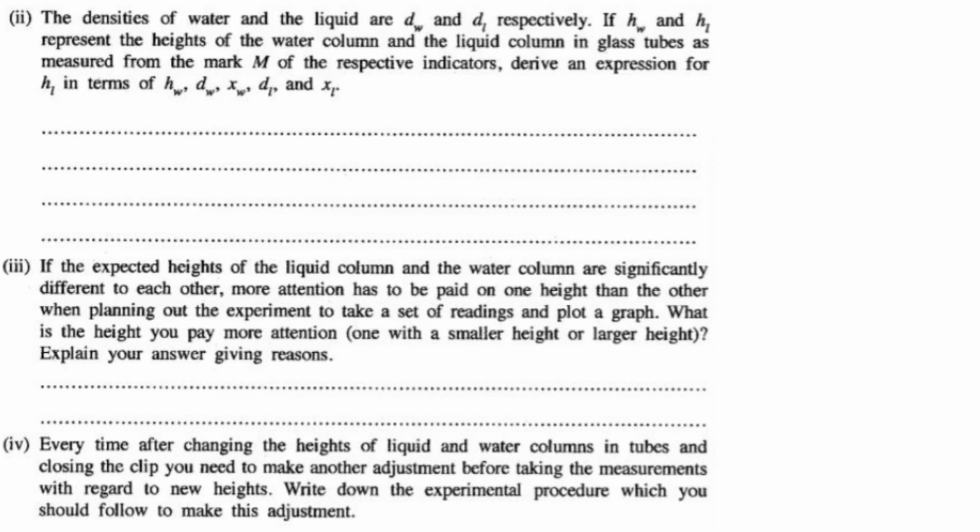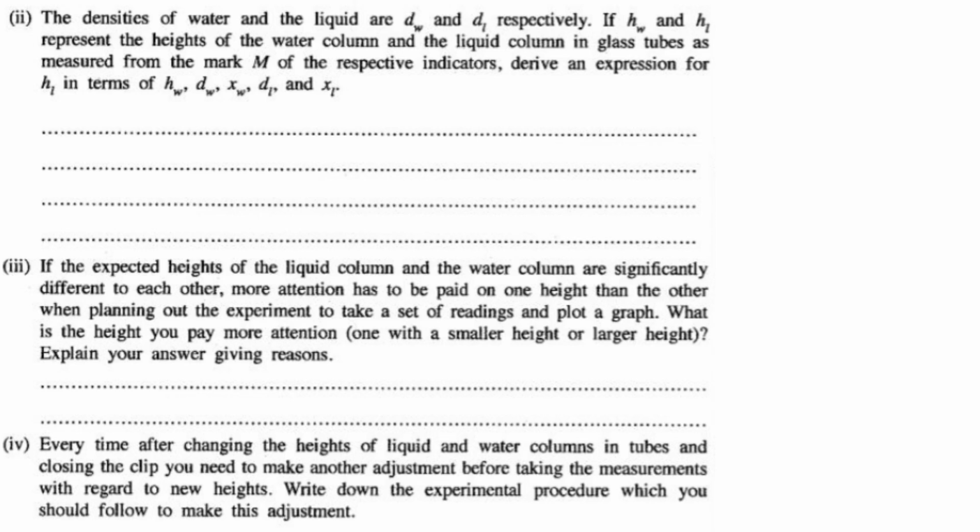Then part 3. If the expected heights of the liquid column and water column are significantly different to each other, more attention has to be paid to one height than the other when planning out the experiment to take a set of readings and photographs.